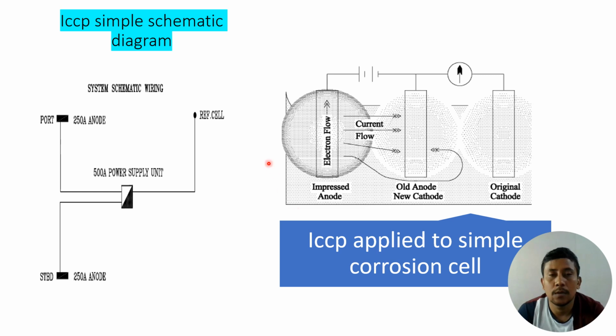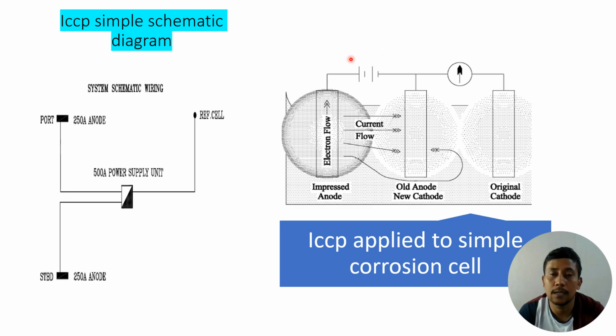To understand that, first we can see here I have put an image, ICCP applied to a simple corrosion cell. That is a simple corrosion cell. One is anode, one is cathode. Both are submerged in electrolyte. So our target is to make this anode cathode. And how do we do that?